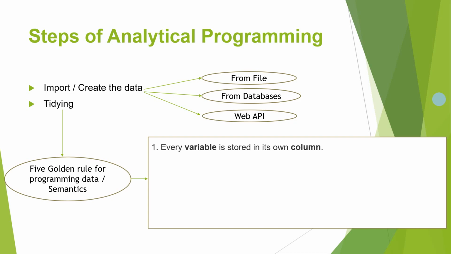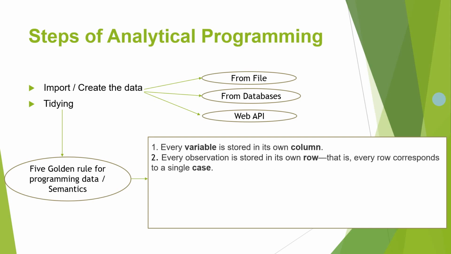If you know about Excel software, then you may know that Excel has one column, two columns, three columns, four columns. Each column has its own variable, meaning each column stores a specific type of value which belongs to a particular variable. So every variable is stored in its own column, and the second rule is that every observation is stored in its own row.